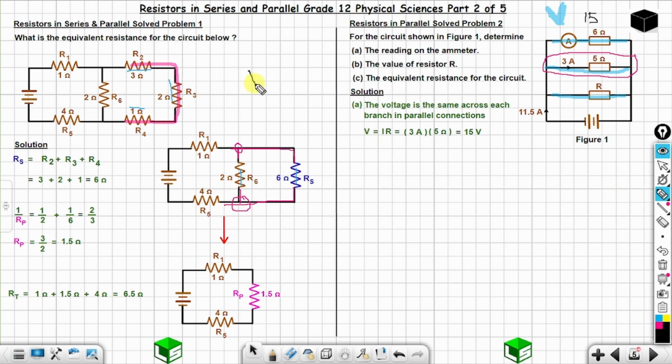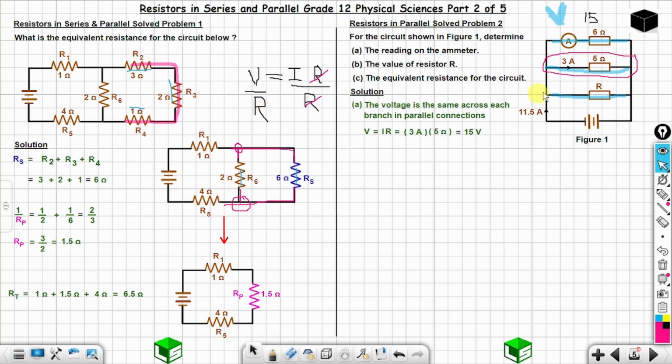To find current, what you can do is divide by R, so that you can cancel. What you do on the right, you also do on the left. Now you can cancel. Now you have current is equal to V over R.